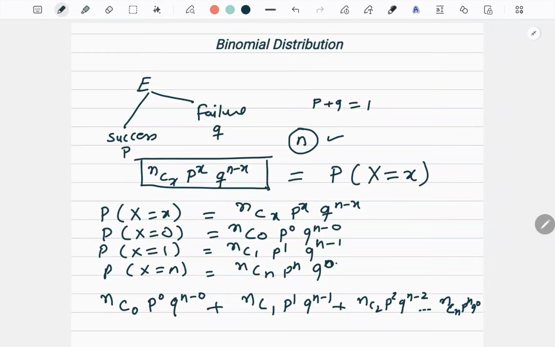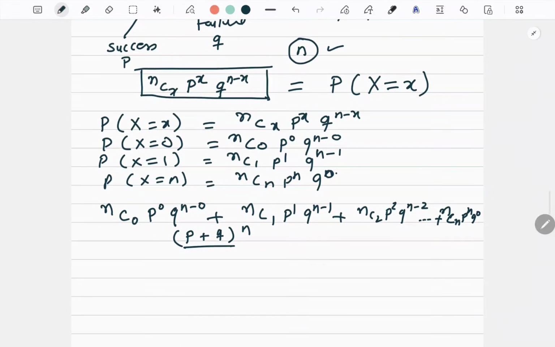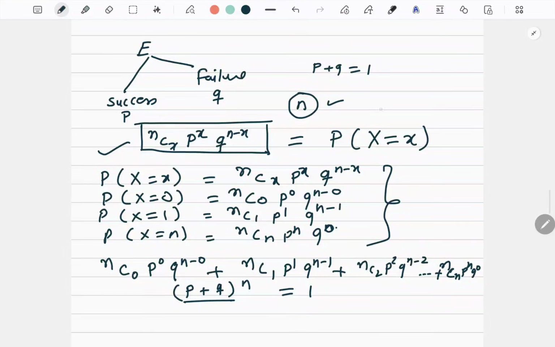If I write them with addition, this is basically (P plus Q) to the power n. This is the binomial expansion, so this value is always equal to 1. So this shows a probability distribution also. Actually this theorem is known as Bernoulli's theorem. But since it follows this binomial trend, it is also known as binomial distribution.